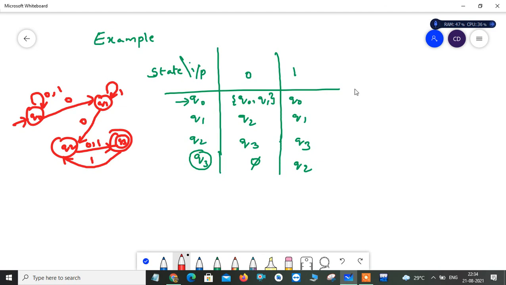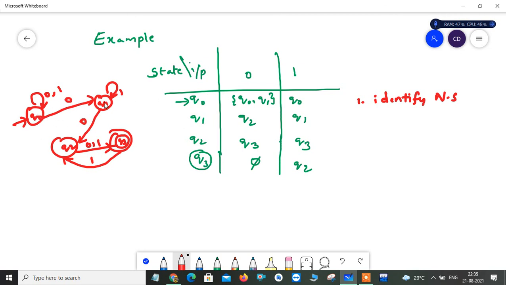So this state diagram is equivalent to this transition table. Now we'll construct it. What is the first step? The first step is to identify new states. This is your transition table.